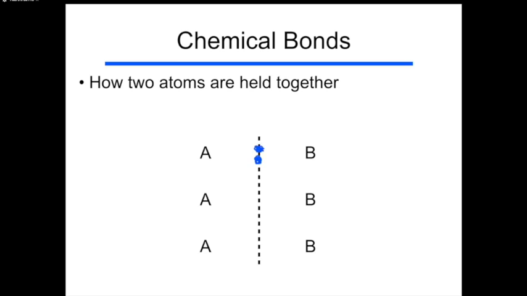Both atoms try to attract these electrons. Another way to think about it is both are holding on to the electrons, but in this case, neither one is strong enough to take the electron away. But because B is holding on to one side and A is holding on to one side, they are bound together.